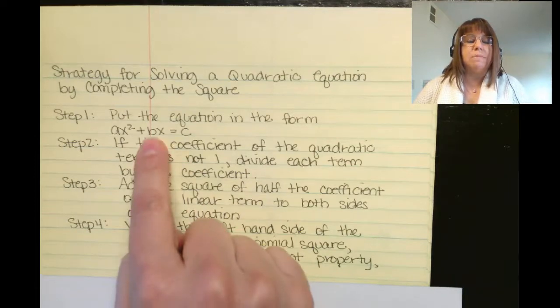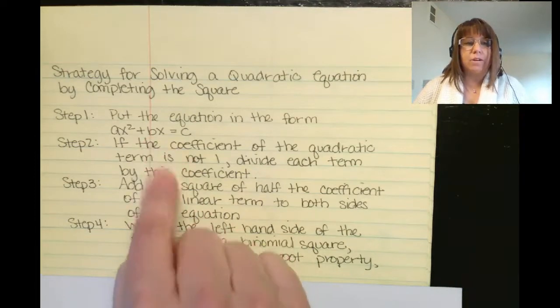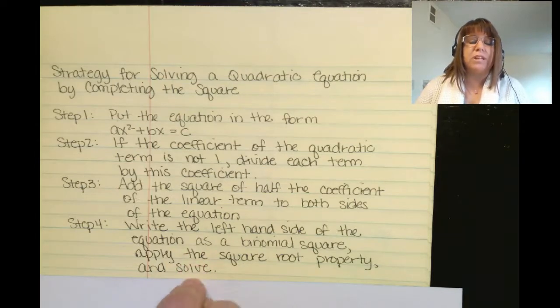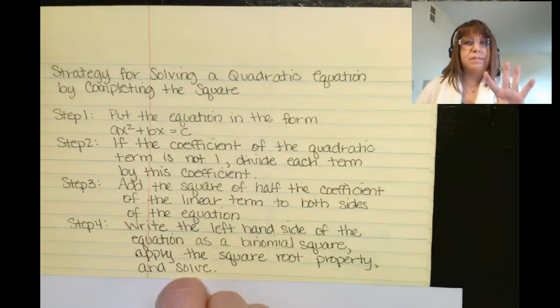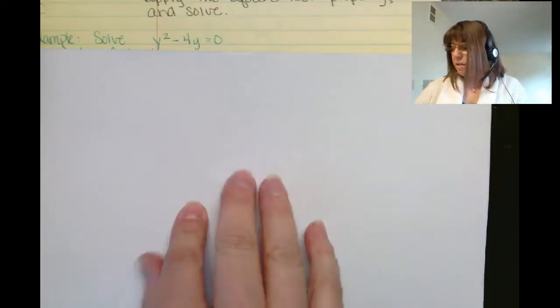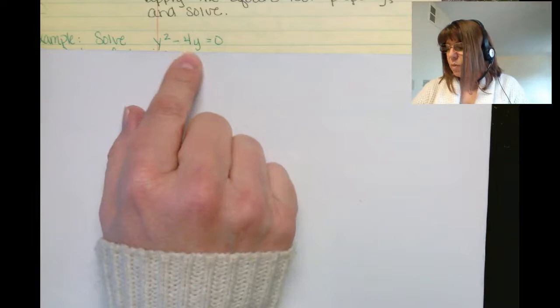That means b divided by 2 squared will get you that term. We want to write the left-hand side as a binomial square and apply the square root property to solve. Four steps. Okay. Using the four steps, we're going to solve y squared minus 4y equals 0.